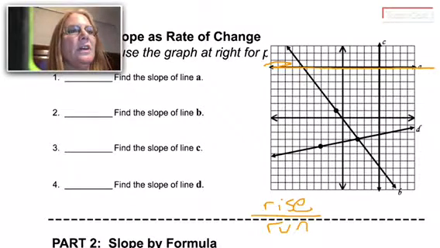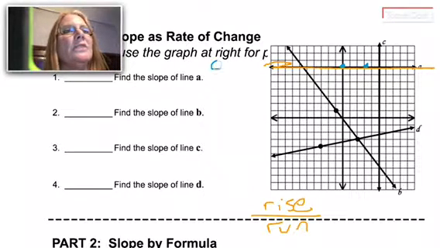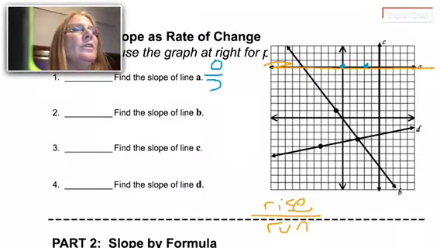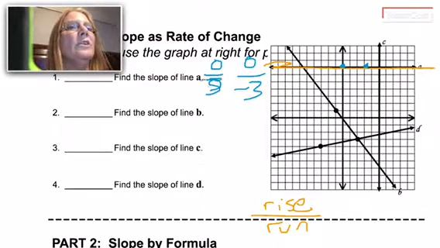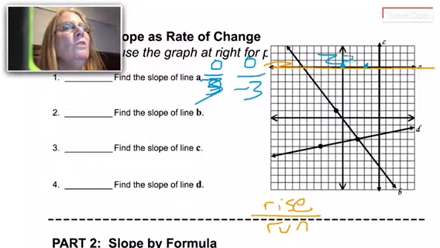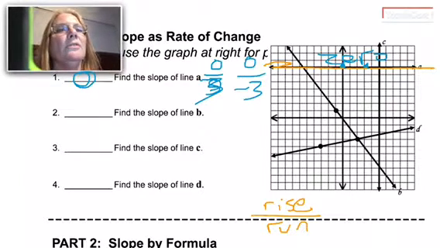Let's pick this point here and this point right here. The rise is 0, because we don't go up or down at all, and we go to the right 3, or you could think of it as going to the left 3. It doesn't matter which way you look, because 0 divided by anything is 0. So the slope of a horizontal line is always going to be 0.